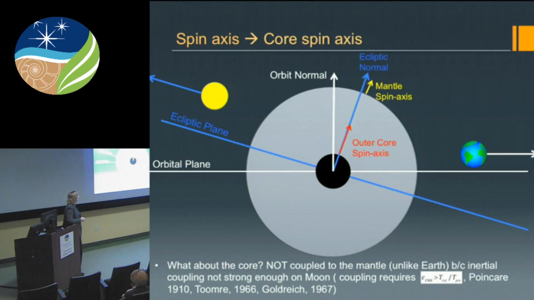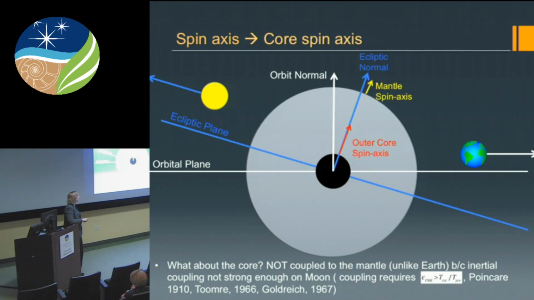If you look at this, it turns out that the outer core is not coupled to the mantle in the moon. This is unlike the scenario in the Earth. In the Earth, the outer core and the mantle are coupled, so they precess together. But in the moon, because the moon's core today is not elliptical enough, because there isn't enough of a rotational bulge on the core-mantle boundary, the ellipticity of the core-mantle boundary isn't large enough to get coupling between the core and the mantle.